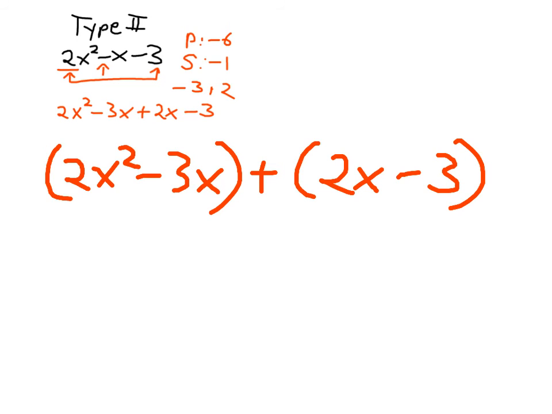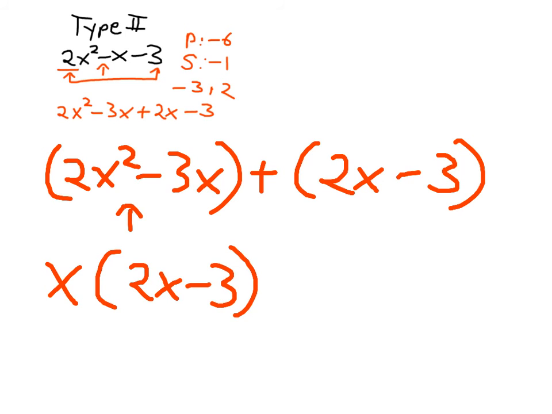So the first bracket here, 2x squared and minus 3x, the numbers don't have a common factor, but you can take an x out. So we're factoring an x out and are being left with 2x minus 3. And in the second bracket, the numbers don't have anything in common. They also don't have an x in common, so we can simply write 1. That makes it easier for us to visualize afterwards.